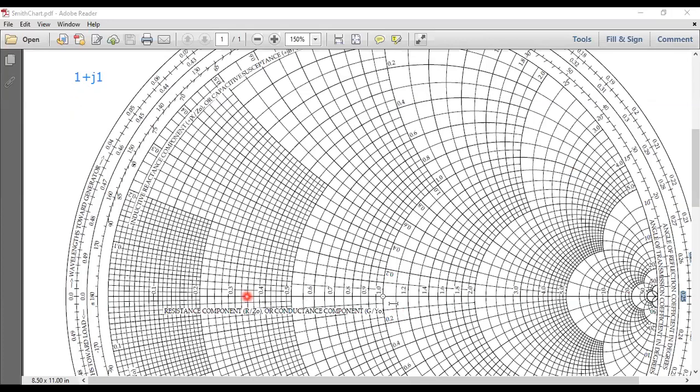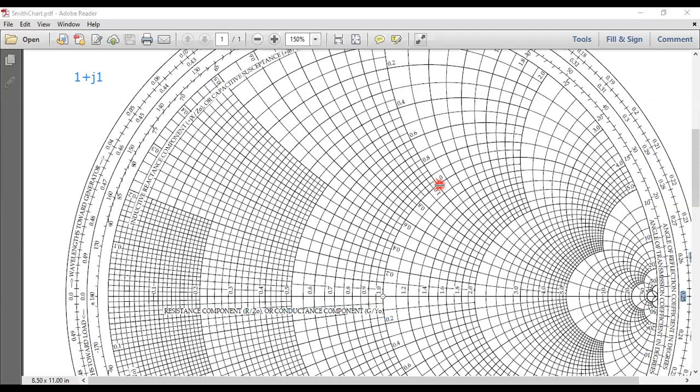This is the resistance value. So resistance value 1 is here, and plus j1. If you go along this circle of 1, when you reach here, that spot is where I get my impedance as 1 plus 1j.